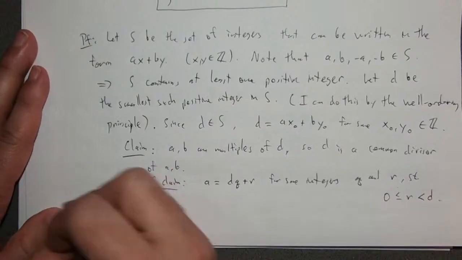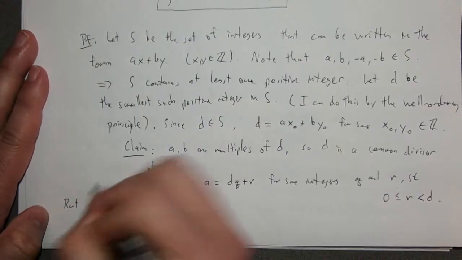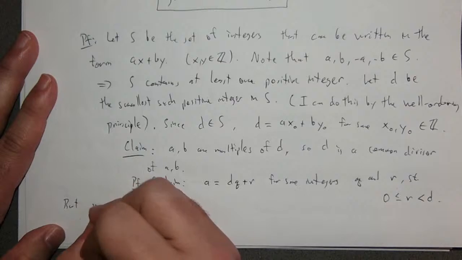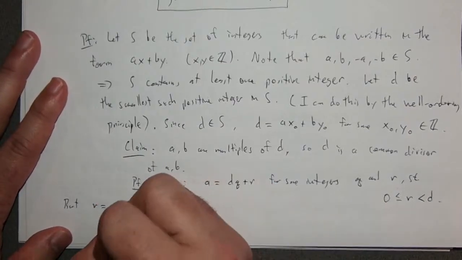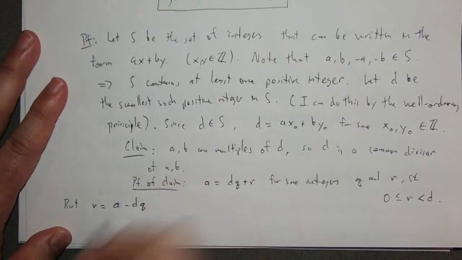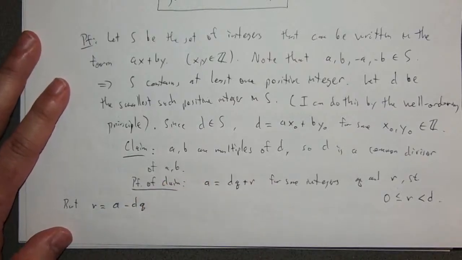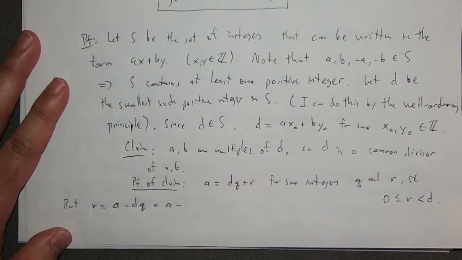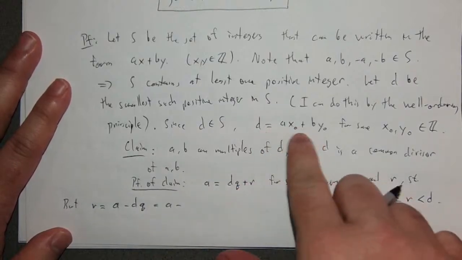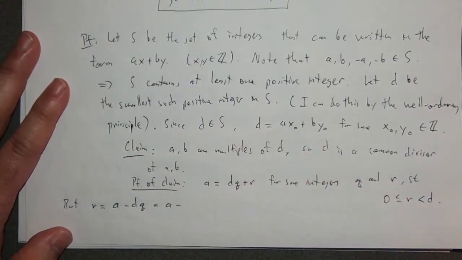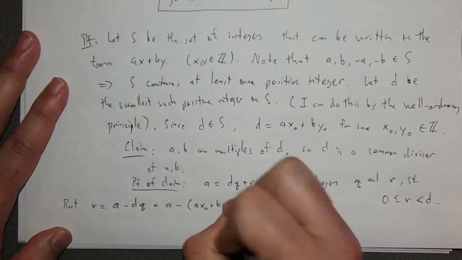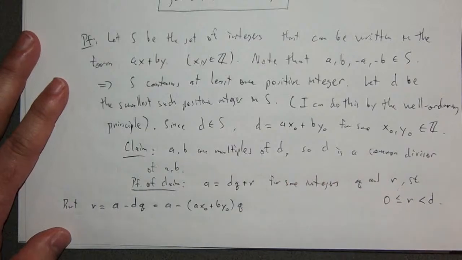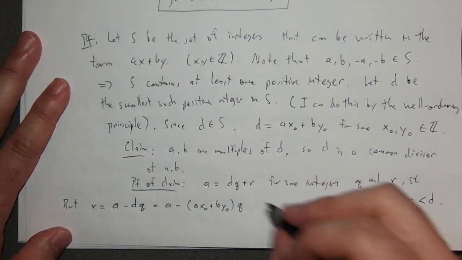But r is equal to a minus dq, which is a minus d, which can be expressed as this linear combination, of course. So this is a minus (a x naught plus b y naught) times q, which can be rewritten.